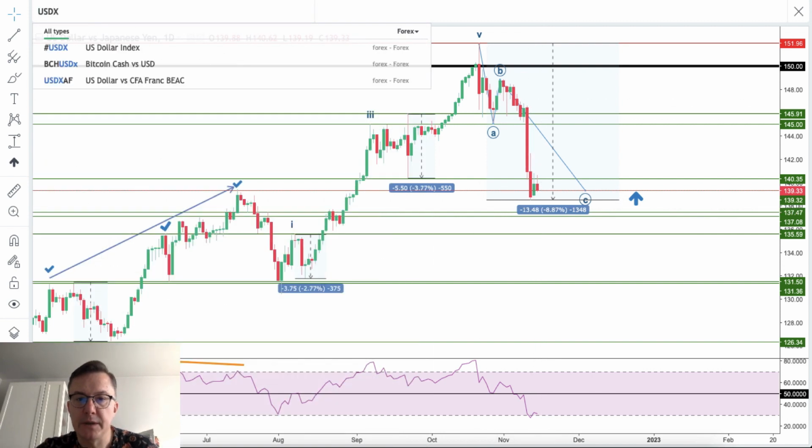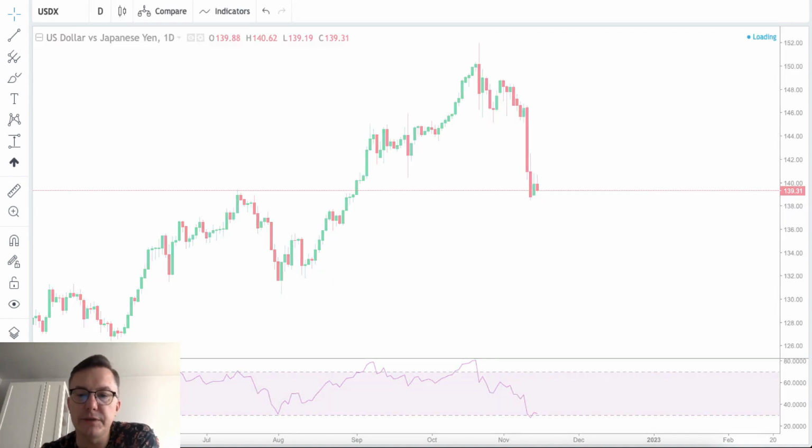So we will leave the US dollar to the Japanese yen and concentrate on the US dollar index. Let me just put it right, there you go.